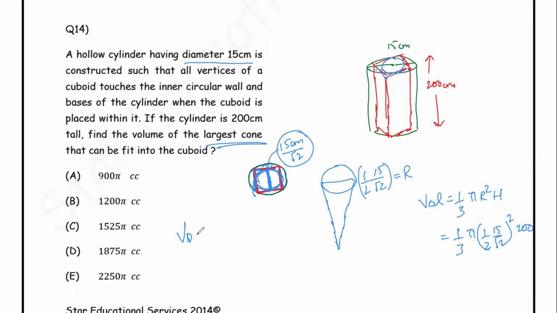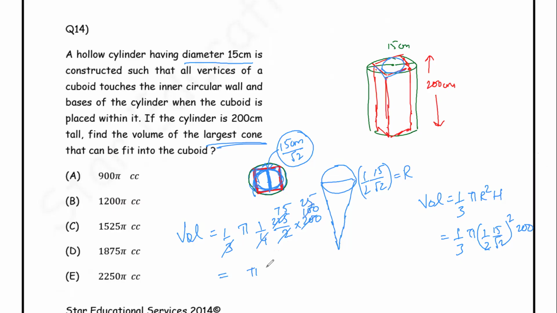And half of that diameter is the radius, and therefore we have this equation. So the volume is 1/3 pi into 1/4 into 225 by 2 into 200. So 2 goes with 100. 3 goes into this 75 times, 4 goes into this 25 times.